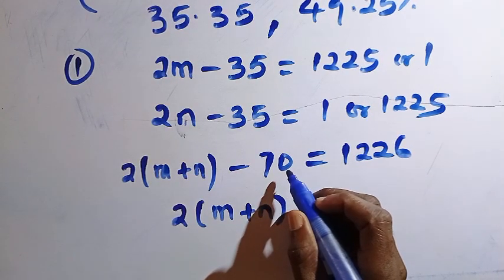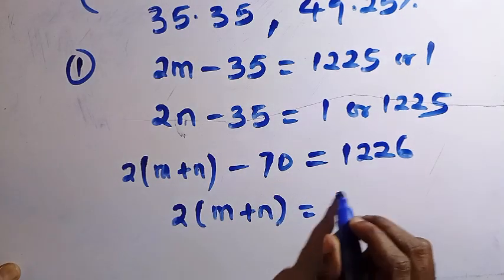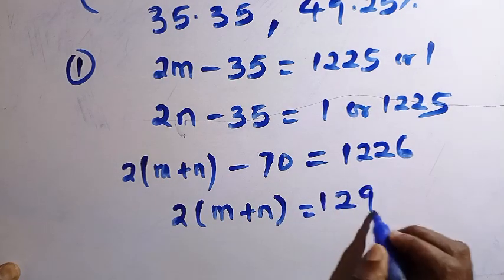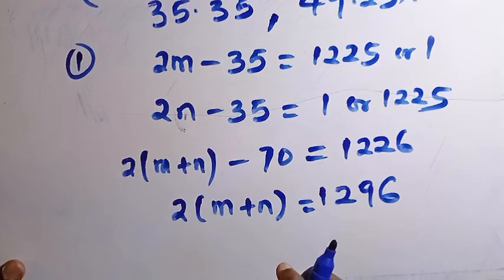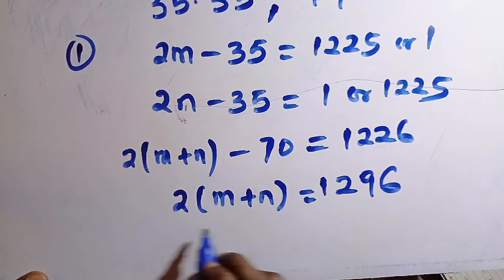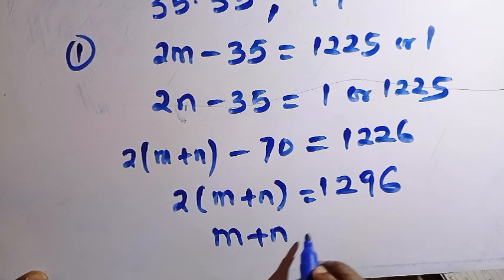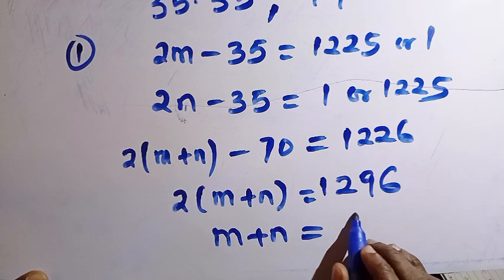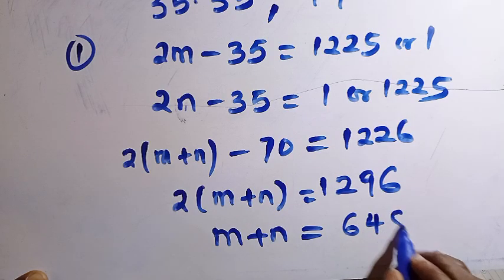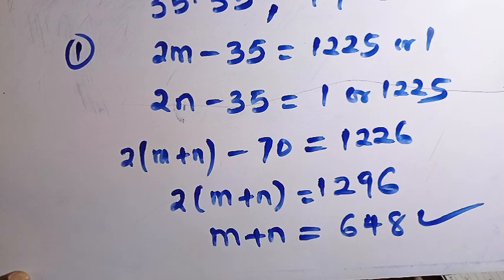By adding 1226 plus 70, we are going to have 1296. We divide both sides by 2. This gives us m plus n equals 648. This is the first solution.